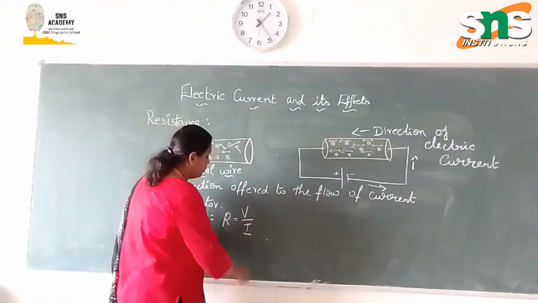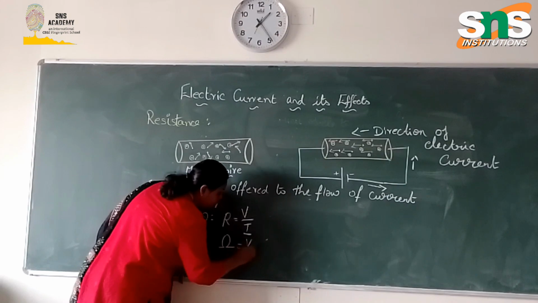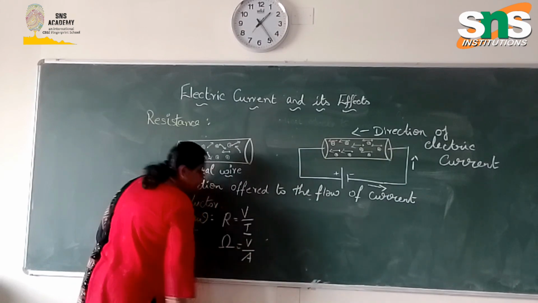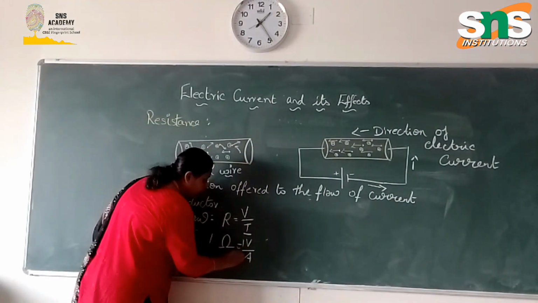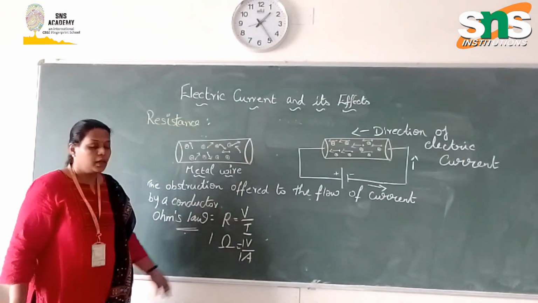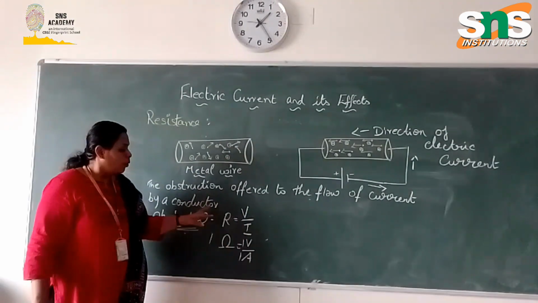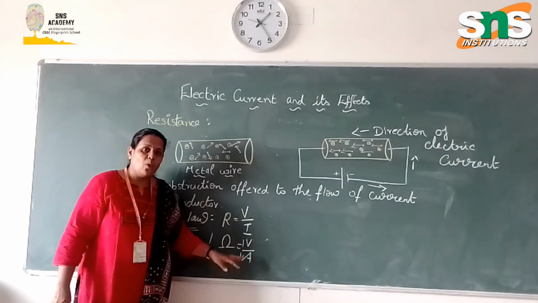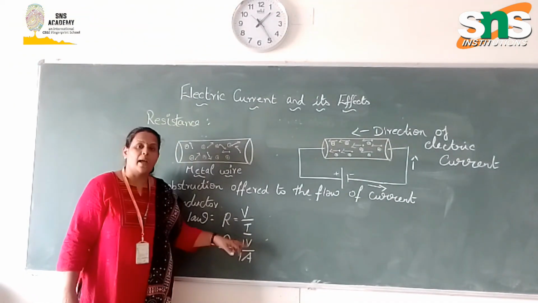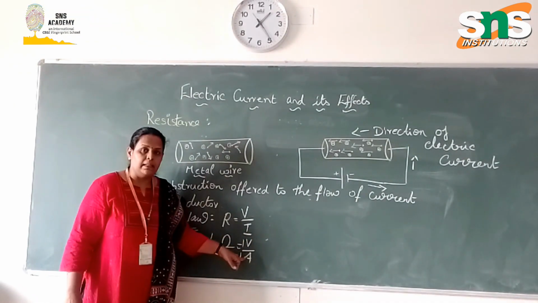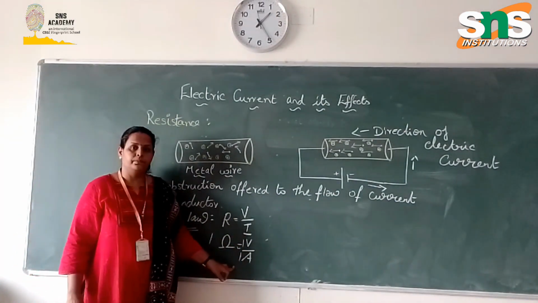So resistance, which we represent in ohms, is equal to volt by ampere. So, how can we define the unit of resistance? If 1 ampere of current flows in the conductor when the potential difference across the wire is 1 volt, then it will create a resistance of 1 ohm.